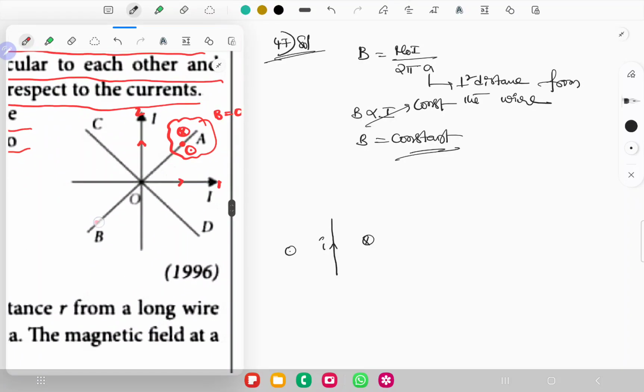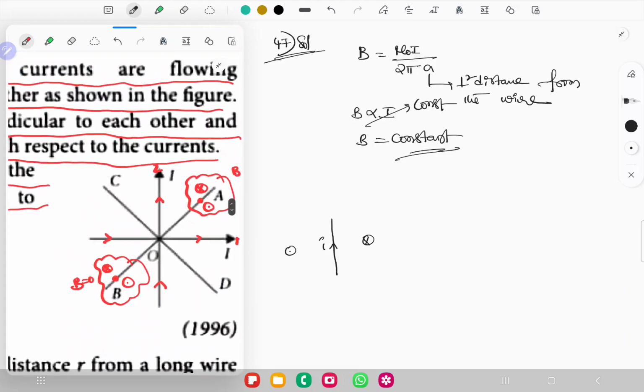And if you observe here, this is the point I am selecting, and this is the direction of current in conductor 1, and this is the direction of current in conductor 2. As this point is on the right side of conductor 1, the magnetic field is into the board, and on the left side of conductor 2, the magnetic field is outwards. So there is a possibility here also that the magnetic field may be 0. Hope you are following.